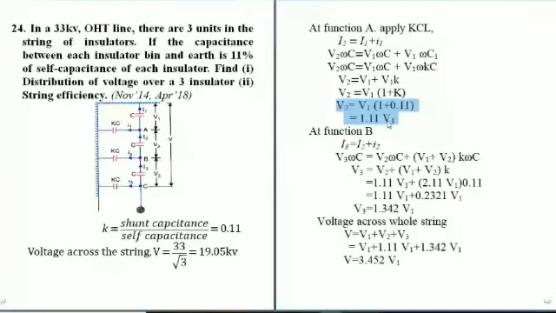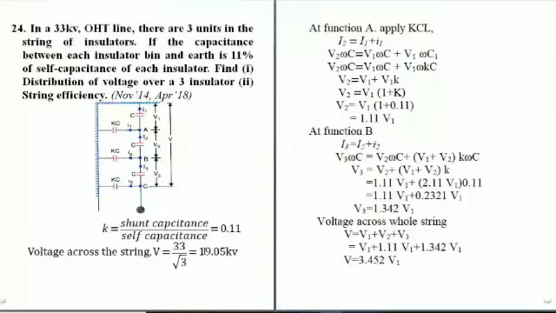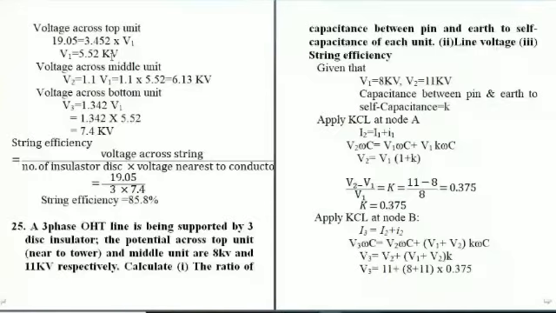Now using these 3 terms, the voltage across the top unit is 19.05. V is the total voltage, that is 19.05 kilovolt. Substitute here 19.05 kilovolt, 3.452 into V1. From this you can calculate the value of V1 as 5.52 kilovolt. So the voltage across the middle unit can also be obtained by using this value V1.